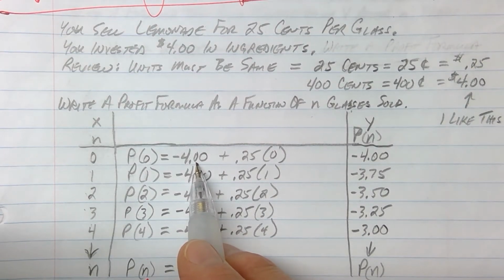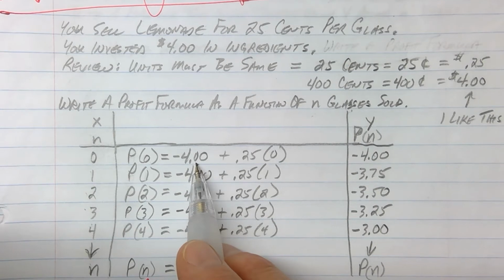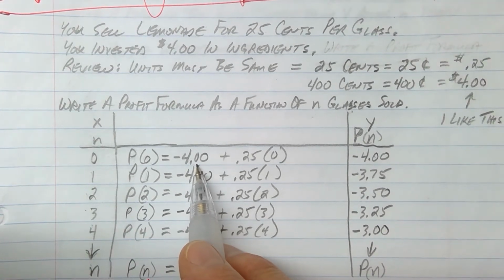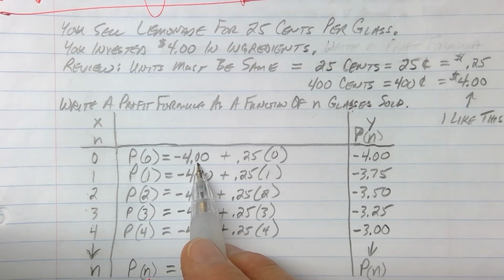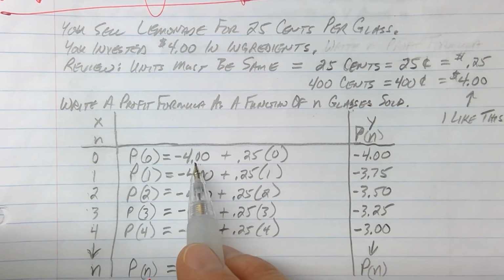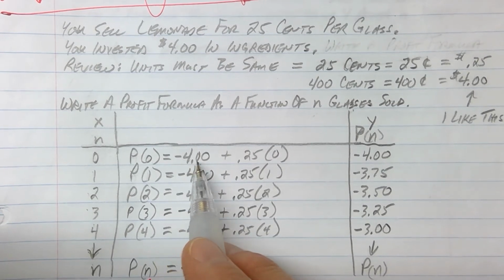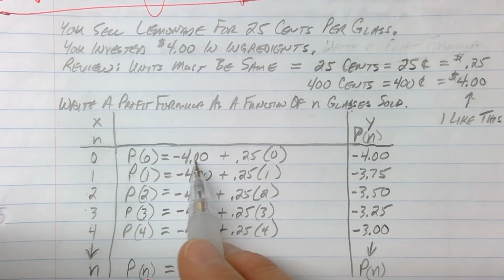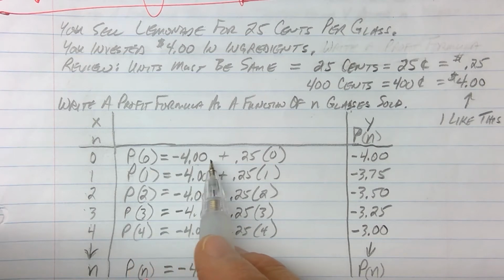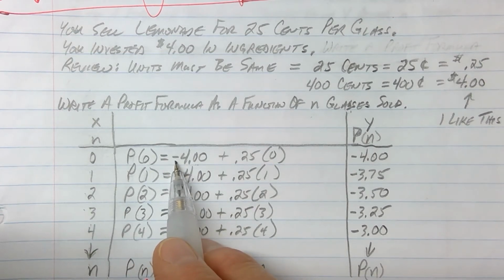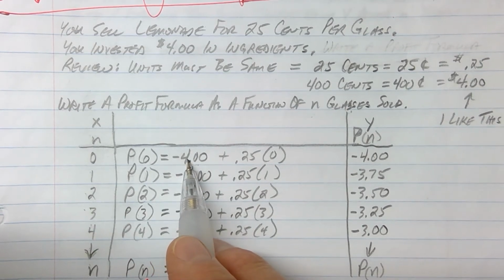So you'll start out $100,000 in the hole because you owe the bank $100,000. Or if you want to go to college and you have to get a student loan, maybe you have to borrow $5,000 to pay tuition. You're starting out at negative $5,000 because you owe $5,000. You're not making a profit yet. So we started out $4 in the hole. We owe $4.